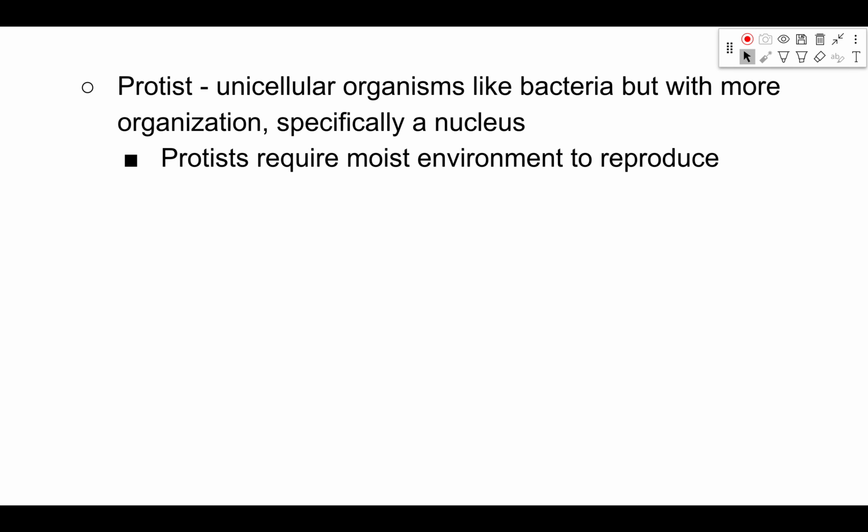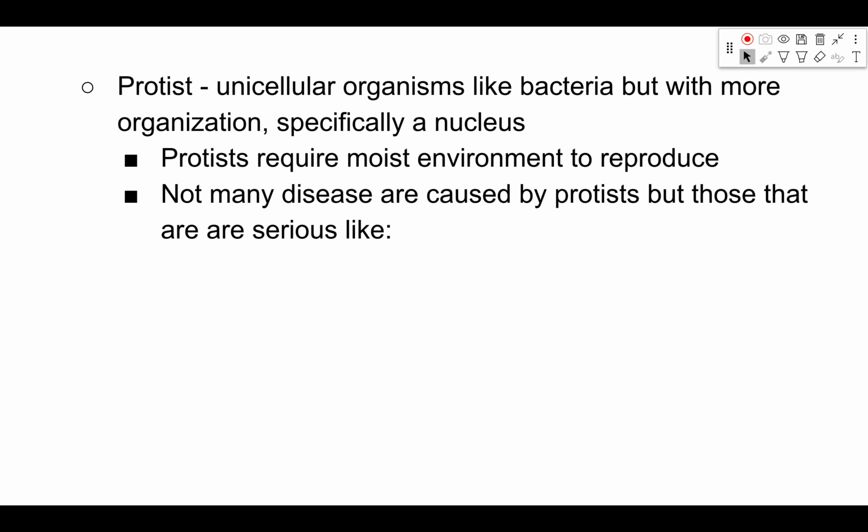Additionally, they live in moist areas of your body, like in your body fluids. So if fluids are transferred, then you can have this communicable disease transferred as well. There's not a ton of human diseases caused by protists, but the ones that are affecting humans affect them very seriously. For example, malaria is a disease caused by a protist.